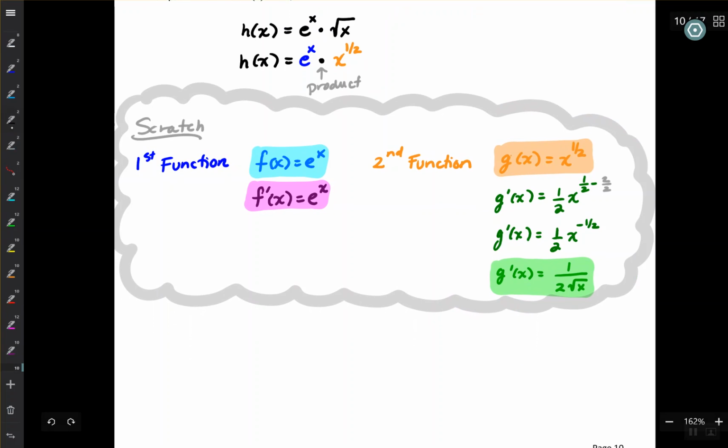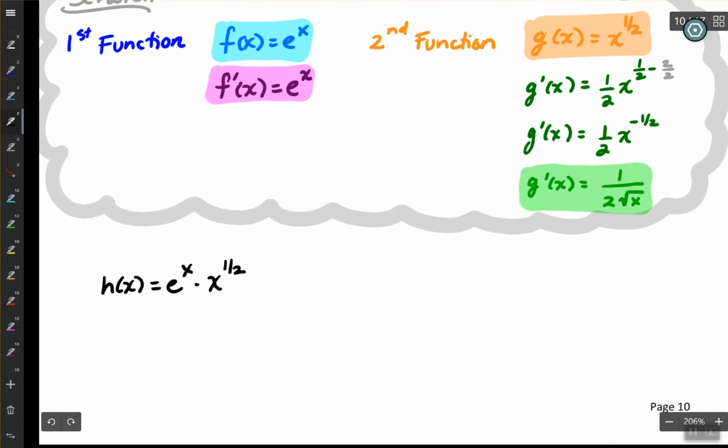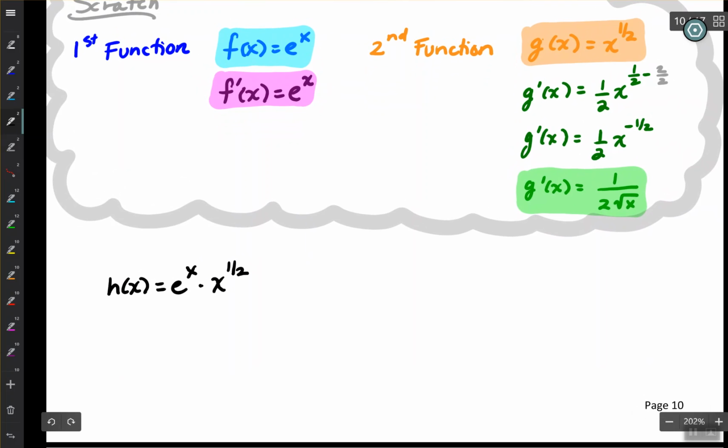So h of x, we got plenty of space, so I think I'll just rewrite h of x down here. h of x is e to the x times x to the 1/2 power. h prime of x is going to be my first function, e to the x, there she is in blue, times the derivative of my second.